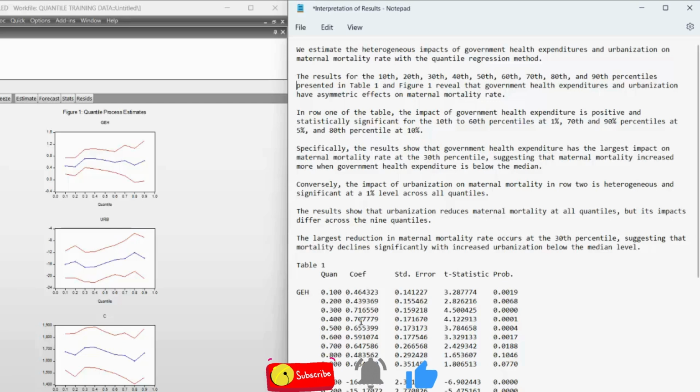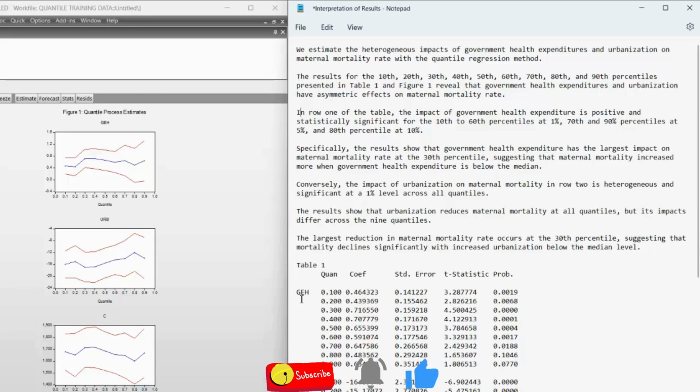So they are not the same, or we can say heterogeneous. The magnitudes are not the same. You can use your own words, the one that is best for you. And if you look at these two, this one is positive, urbanization is negative.